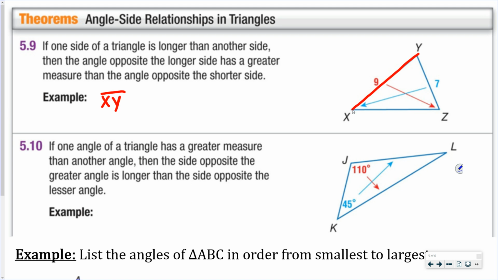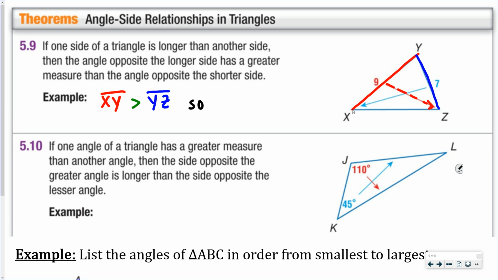And then they're telling me YZ is only 7 units. So if I look at comparing those two sides, XY, the red one, is greater than YZ, the blue one. So this theorem says that same comparison is going to hold true for the angles across from those sides.